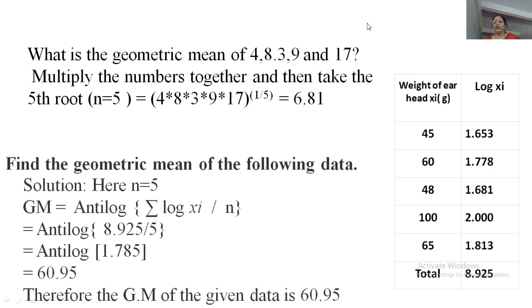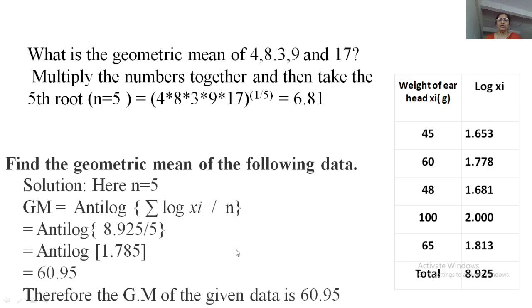So what you do, you just take logarithm to the base 10 of these 5 observations, take the sum of logarithms, and divide by n, that is number of observations. That value is 8.925, that is this sum divided by 5, which is 1.782, and you take antilog of 1.785, that is 60.95.